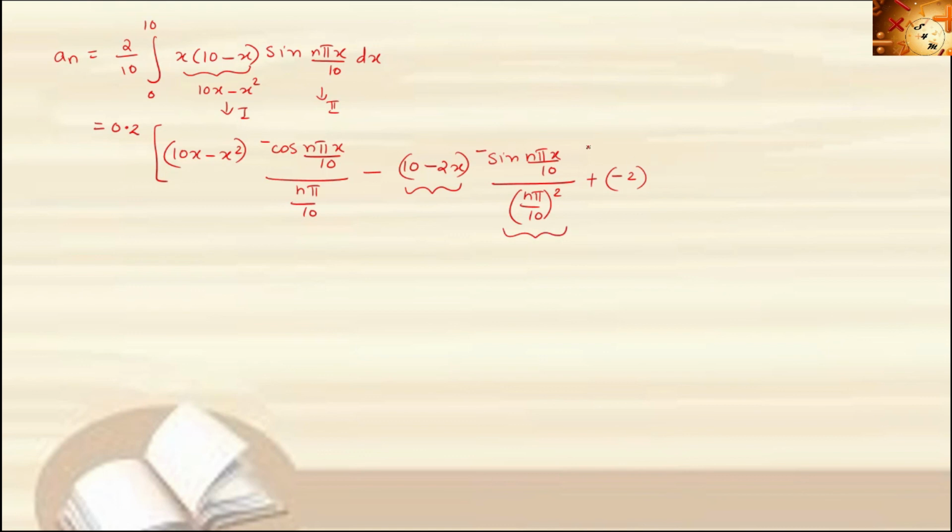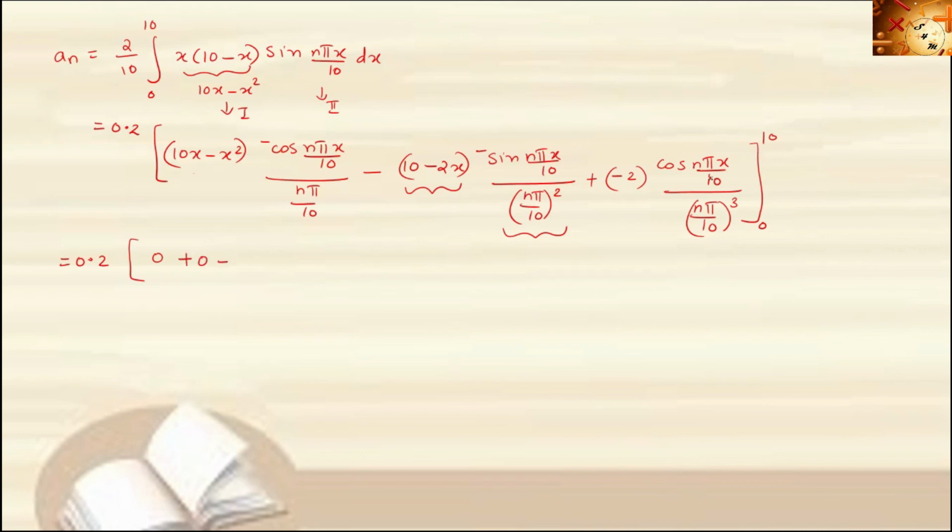So minus, again minus, cos n pi x divided by 10 whole divided by n pi by 10 the whole cube, within the limit 0 to 10. So this is equal to 0.2. If you substitute x as 10, the first term will be 0, the 10 cancels, and sin n pi is again 0.